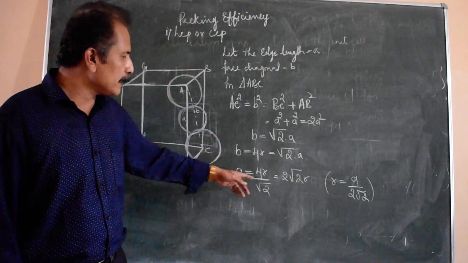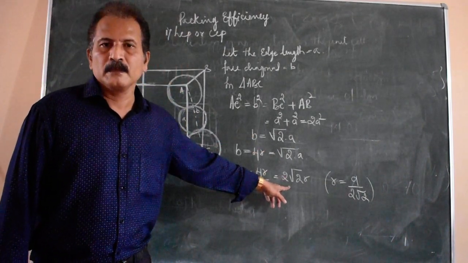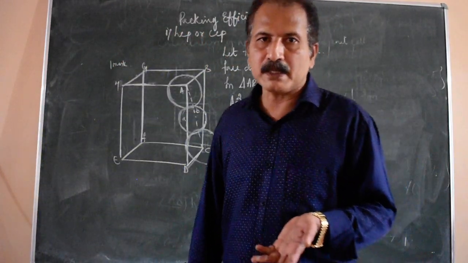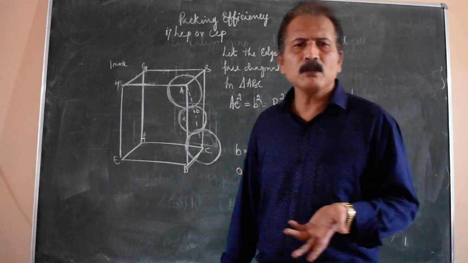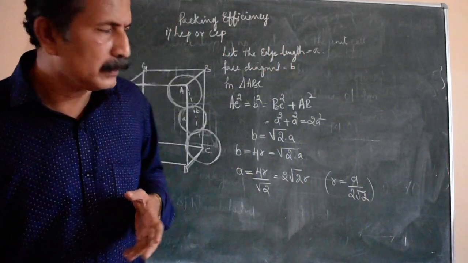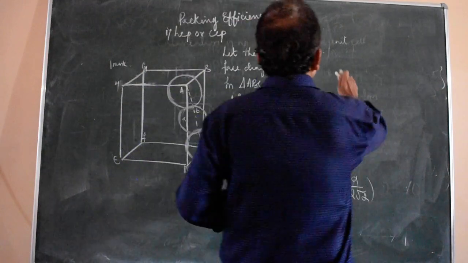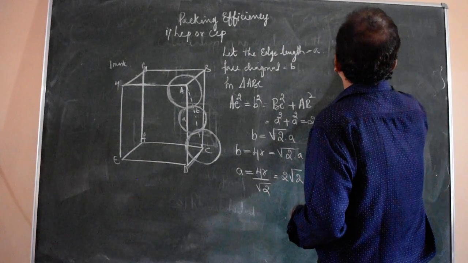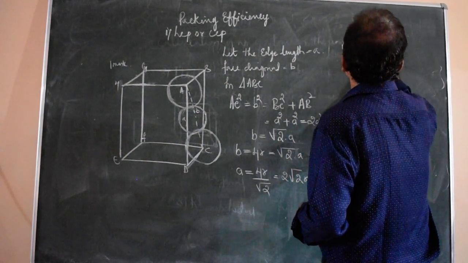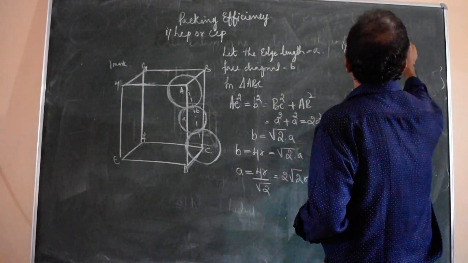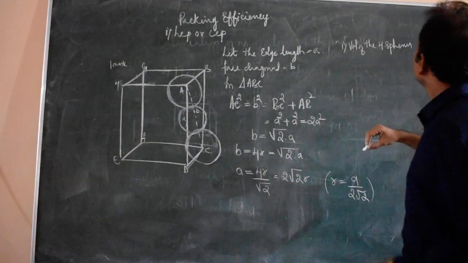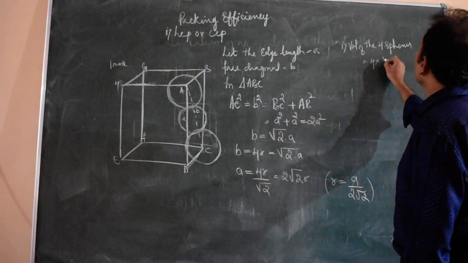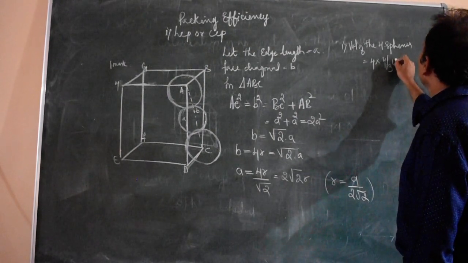Volume of the unit cell I will get by cubing this, and volume of the atoms present will be given by the volume of the sphere formula. Therefore, I need volume of the 4 spheres in the unit cell. It will be given by 4 into 4 by 3 pi r cube.